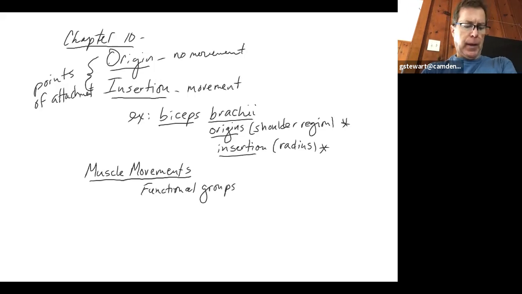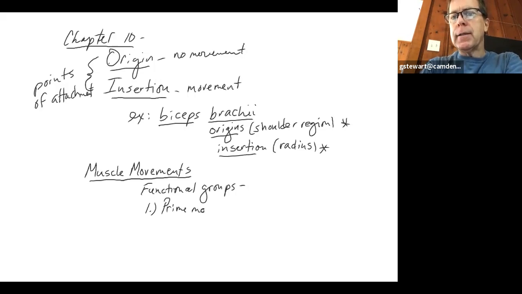Okay, and so we have three main functional groups. It doesn't mean that a particular muscle can only be in one group. A muscle can actually be considered to be a member of all three groups, but there are three main muscle group movements. And the first one, your book calls prime mover.